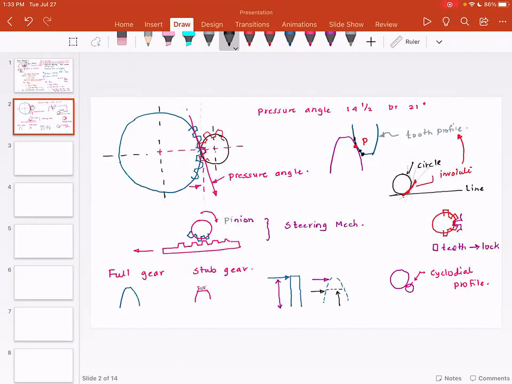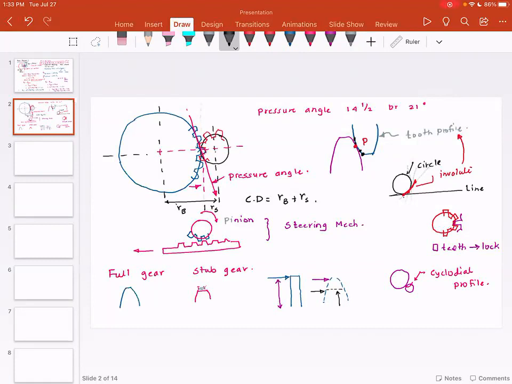Sometimes what they do is you have certain restrictions on the center distance. So for center distance, it is important to note the center distance between two gears is nothing but the radius of the big gear and the radius of the small gear. So center distance CD is RB plus RS.